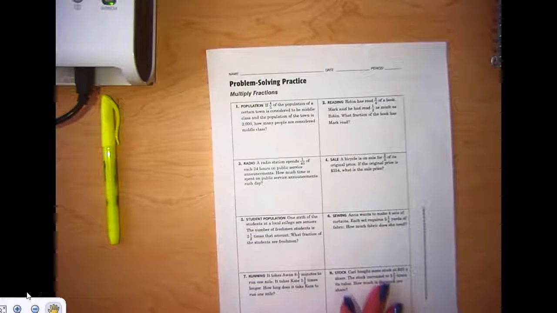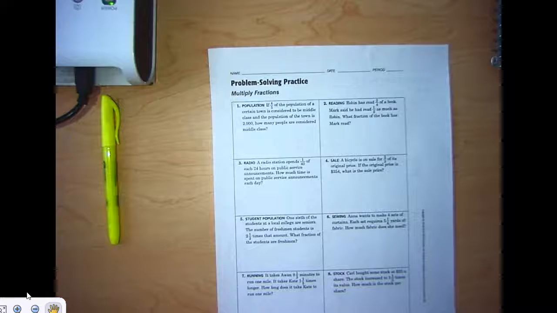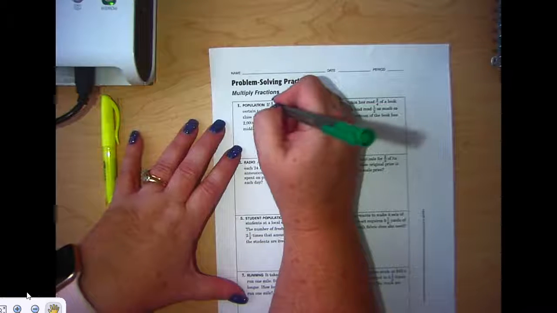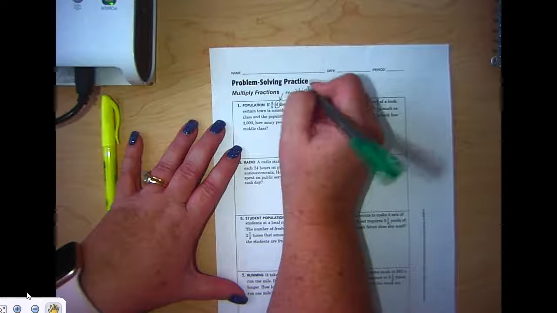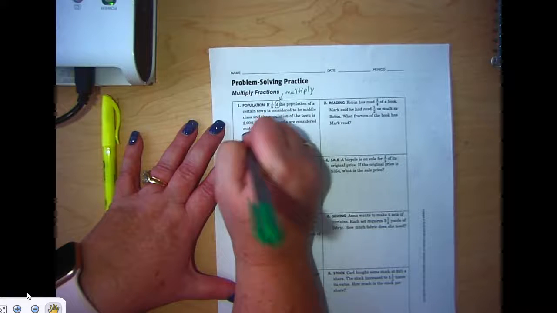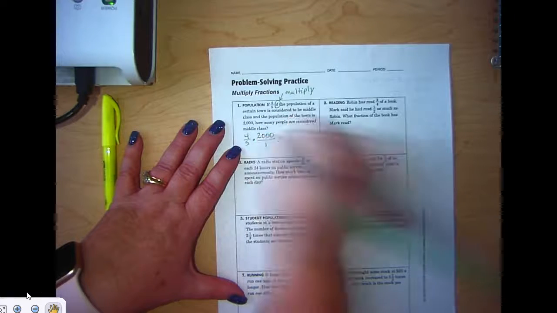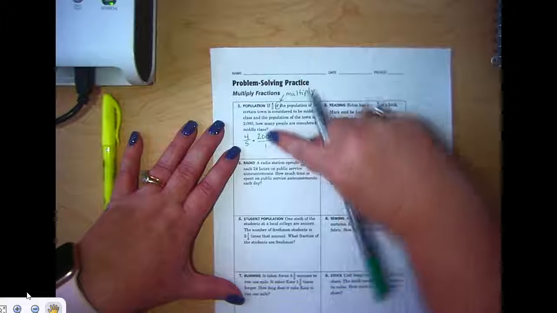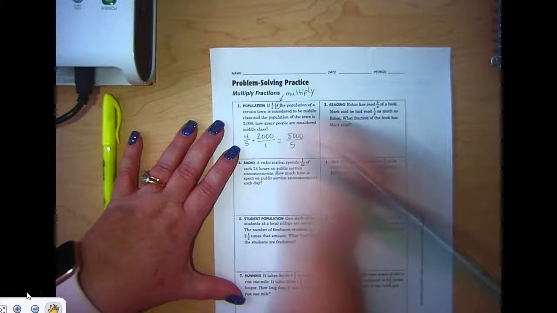So let's first look at the multiplying side. If 4/5 of the population of a certain town is considered to be middle class and the population of the town is 2,000, how many people are considered middle class? So as we said on our warm-up, of means to multiply. So 4/5 times 2,000 over 1 equals, now use mental math, 4 times 2 is 8, 8,000 divided by 5.